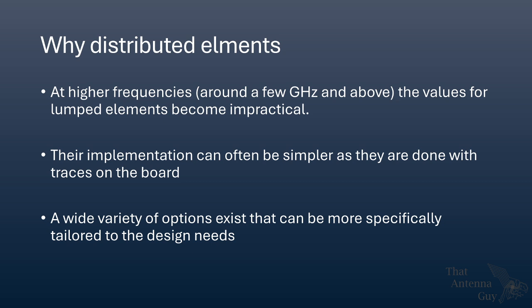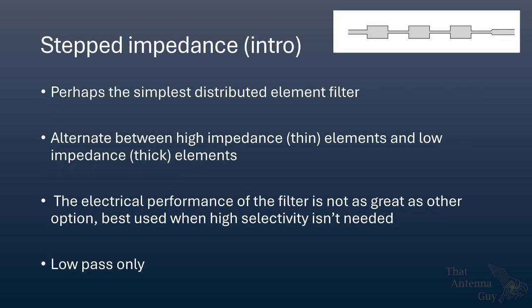A wide variety of options exist that can be tailored specifically to your design. For this video, we're only going to be looking at the stepped impedance design though. So the stepped impedance filter is perhaps the simplest of the distributed element filters, as it just alternates between high impedance, which are thin lines, and low impedance, which are thick elements, to create a low pass filter.